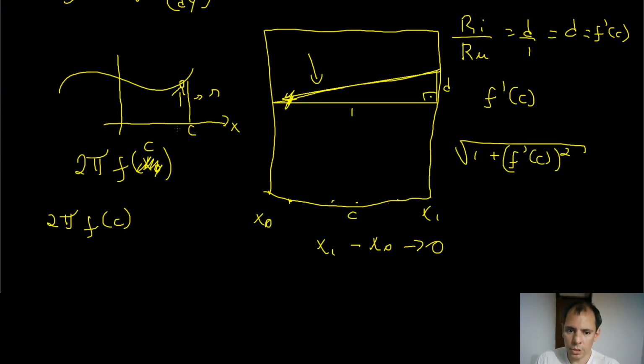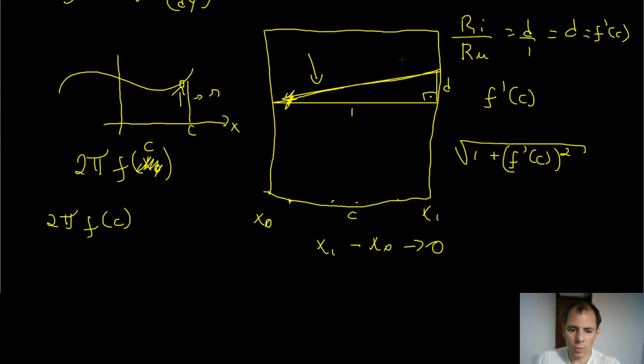But hey, we're not just worried about the point C. It's going to be 2 pi times this stuff, which is the r right here, this distance, which is going to give you a circumference, a circle, and we're going to extend that circle this much.